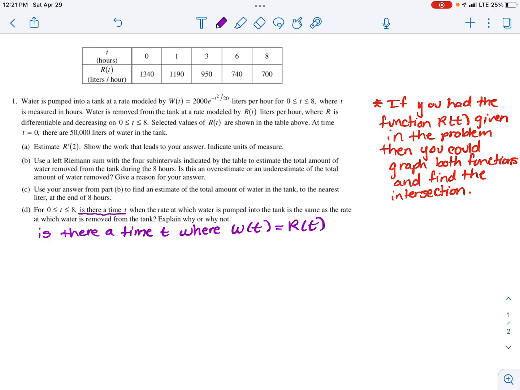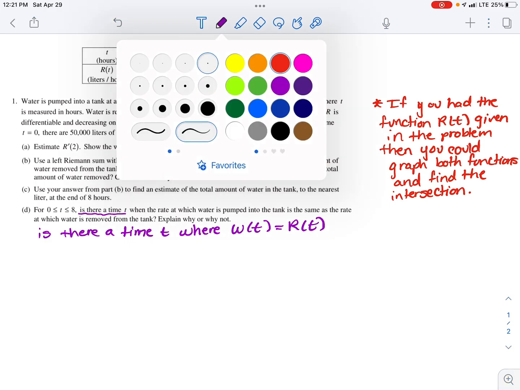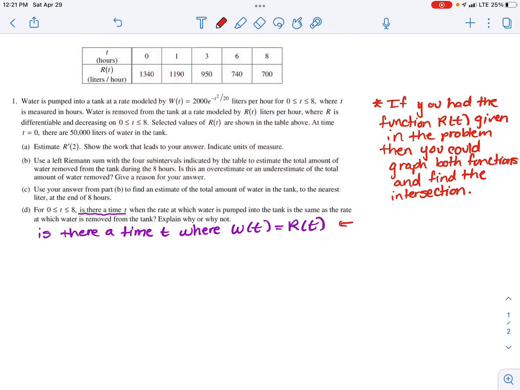I mean, there's no derivative involved per se yet, right? Because you're really trying to answer when W of t is equal to R of t. So since there is no derivative in this equation, I'm not really thinking MVT. I'm trying to think of how I could really use IVT. So I'm thinking, how could I use IVT?